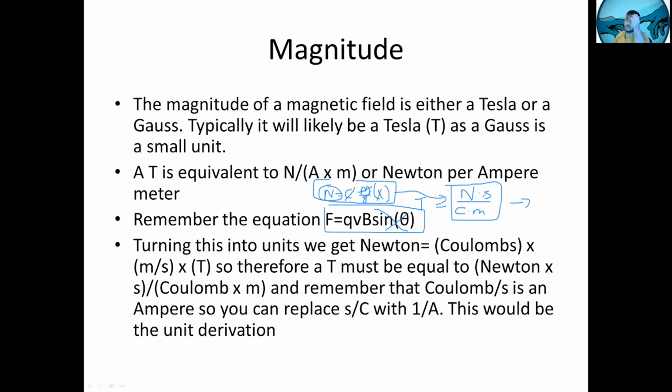So we have the opposite. We have second per coulomb. Well, what do you do with that? You just invert it and you get 1 over ampere. So you can cancel this out, cancel this out. You're left with Newton times 1 over ampere times meter. You can just erase the 1 because obviously it doesn't matter. So finally, you're left with newtons per ampere meter, which is what I said Tesla is officially equal to.